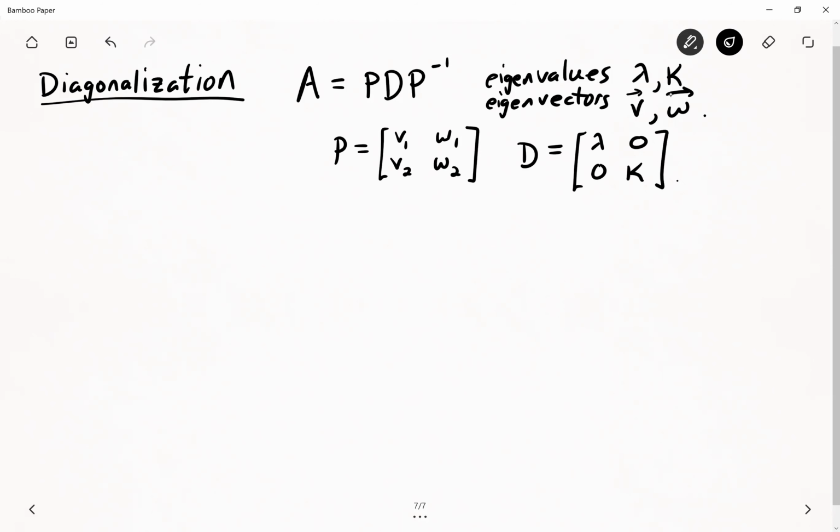And then you can calculate P inverse using a standard 2x2 inverse formula.